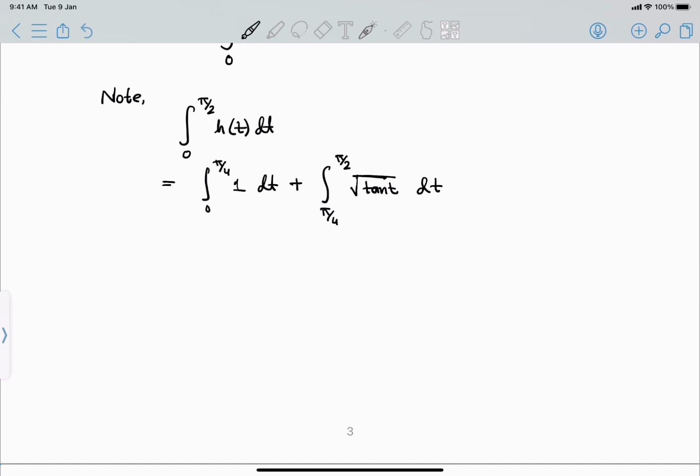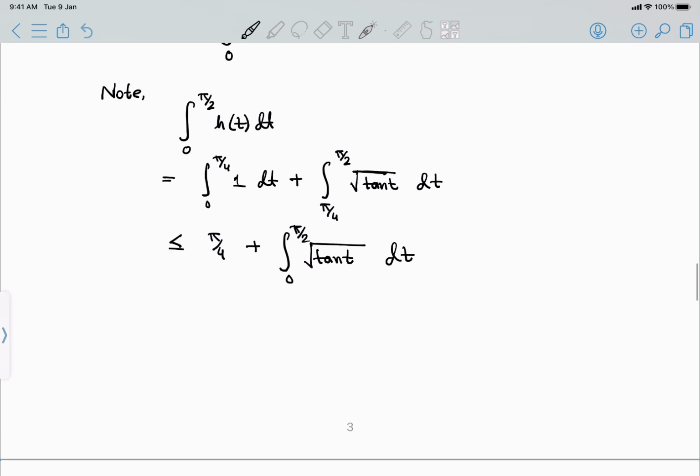So from 0 to pi by 4, this is fine, this is pi by 4. And for the second part, since this is a positive function, it is less than the integral from 0 to pi by 2 of square root of tan t, and we will show that this integral is finite.